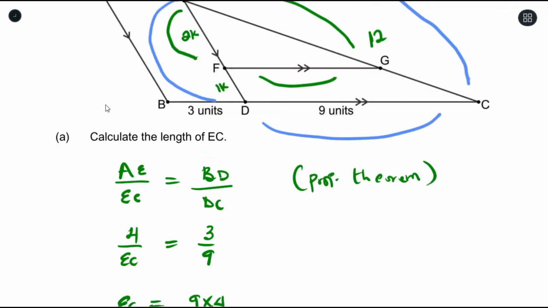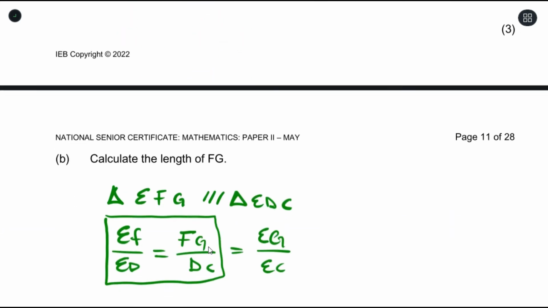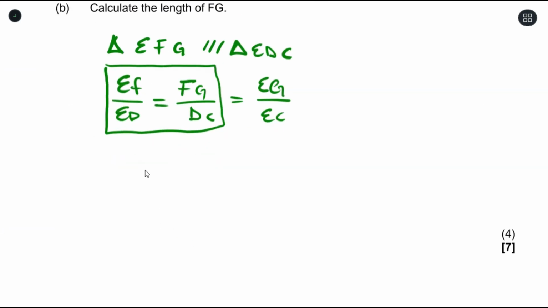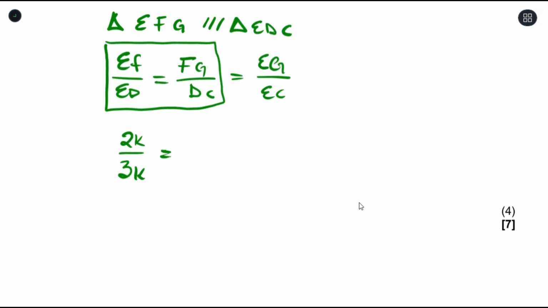Now, EF, we don't have the actual value, but the ratio is 2K, while ED, since this is 2K and 1K, the total will be 3K, right? So this here is 2K over 3K is equal to FG, that's what we're trying to find, over 9 units.